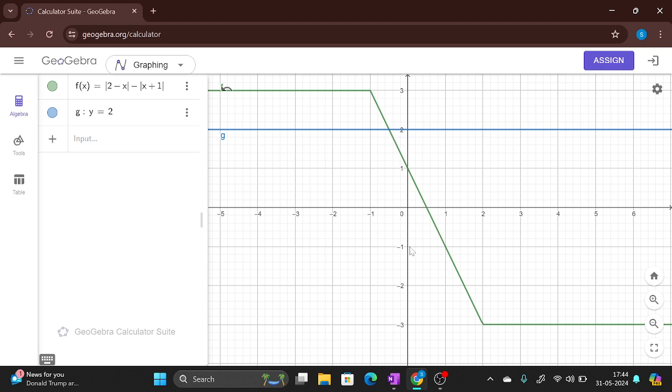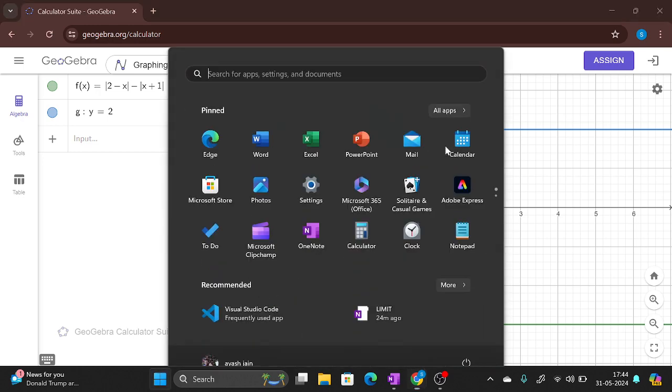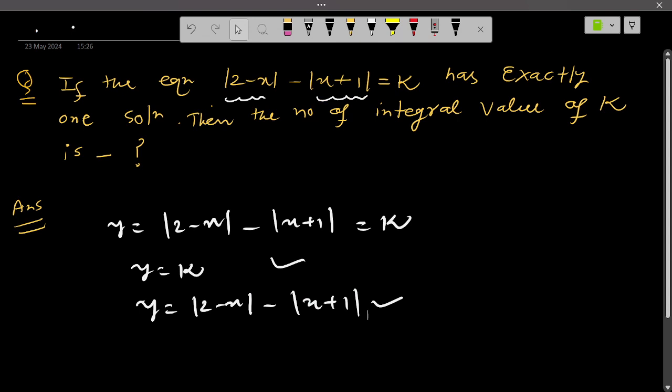Minus 2, minus 1, 0, 1 and 2. So the answer to this question is that k equals 2, 1, 0, minus 1, minus 2. So a total of 5 values are possible. If you want a single solution, then the number of values of k will be, everyone, 5. Okay, I hope the idea is clear from the graph.